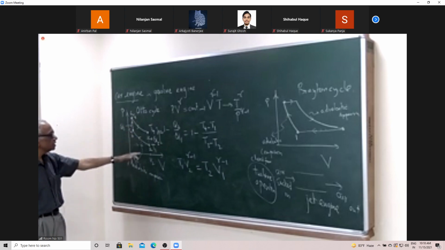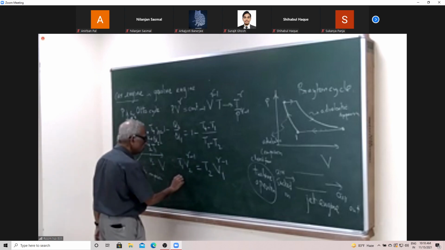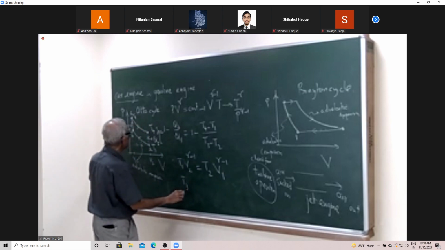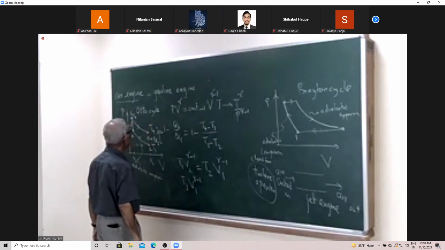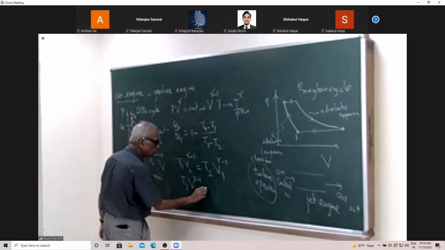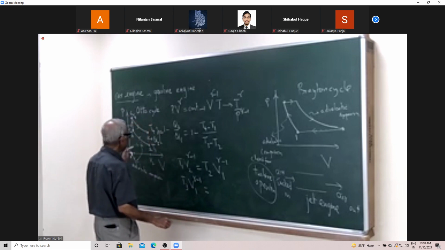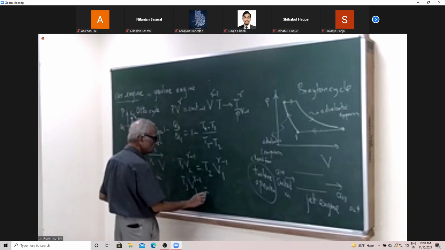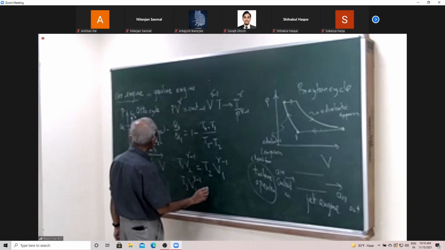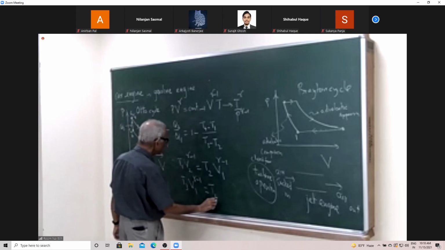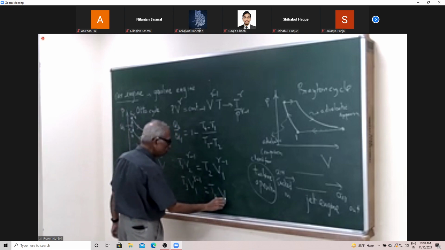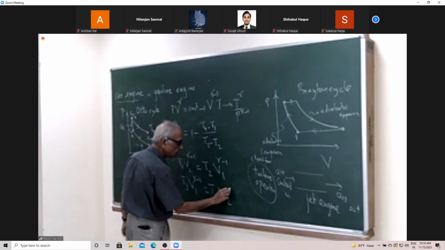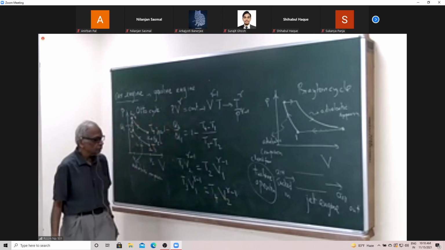Then there is the other adiabatic path over here. So it is T3, and this is the volume V1. So T3 times V1 to the power gamma minus 1 is equal to, over here, the temperature is T4 and the volume is V2 to the power gamma minus 1. So here we are.